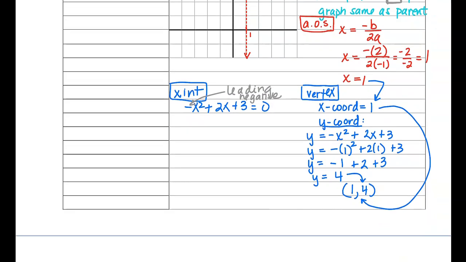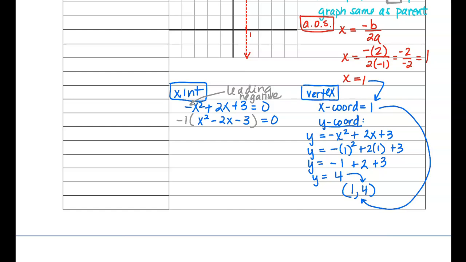That always creates problems. So we're going to take out the negative, as a negative 1, and it leaves me with, divide each of those by negative, it's just going to change their sign. So x squared minus 2x minus 3 equal to 0.